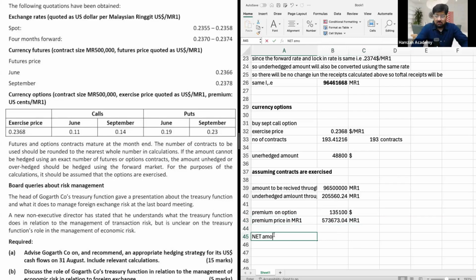So net amount to be received is this plus this minus the premium paid, in MR1. This is the amount through options.